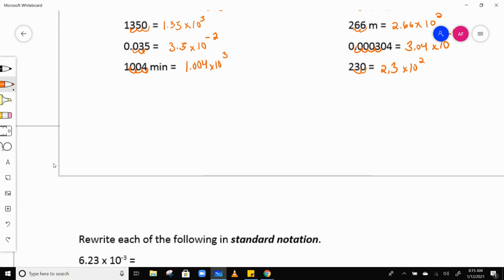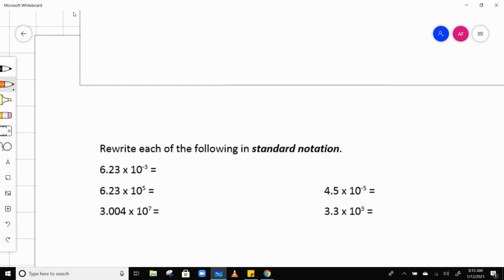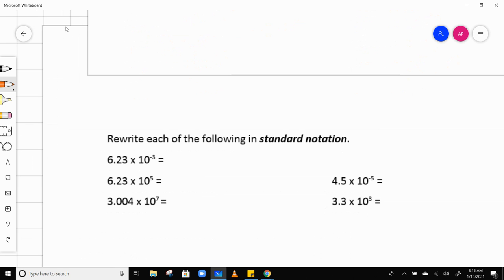Okay, let's go the opposite way. Opposite way is a little bit trickier. Probably should have given you more examples here. But basically, you're just going backwards, right?